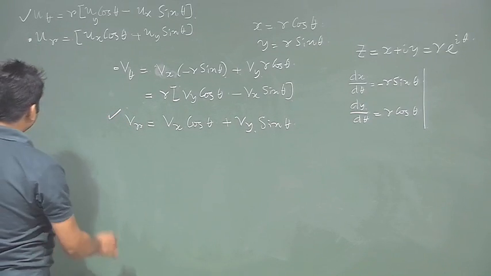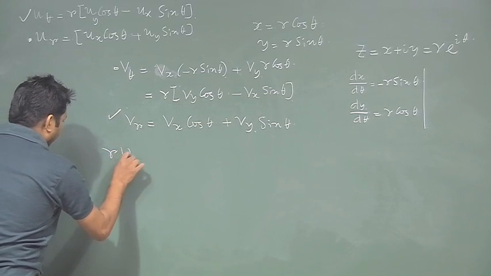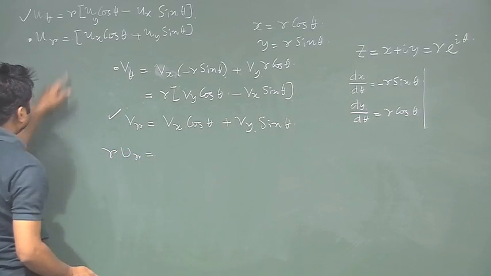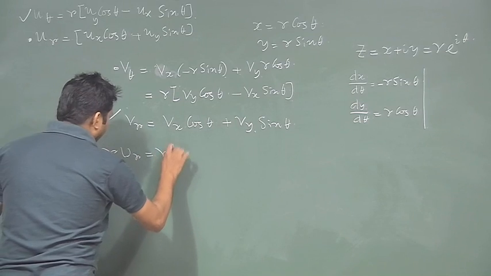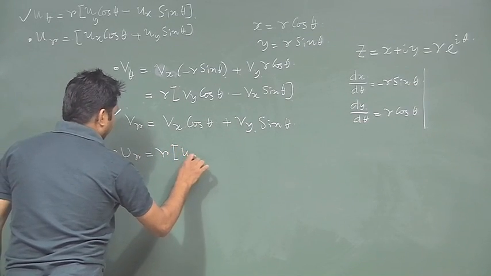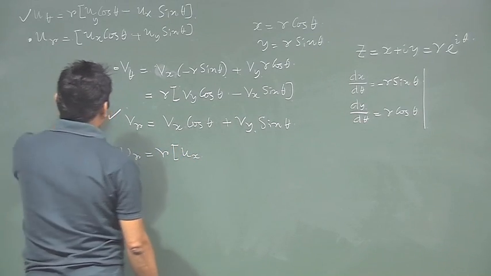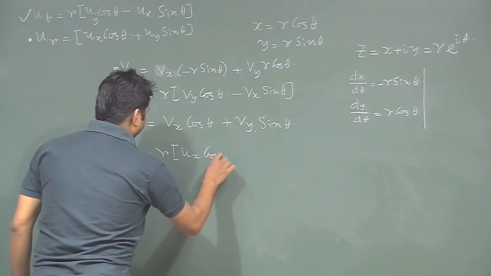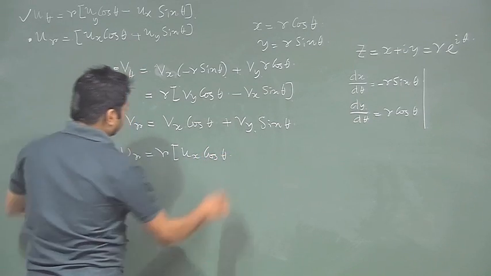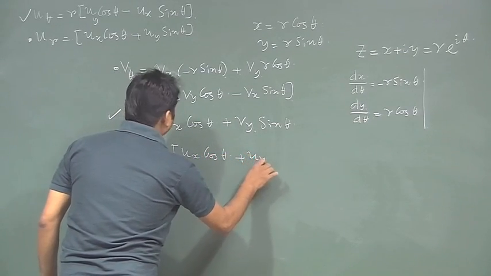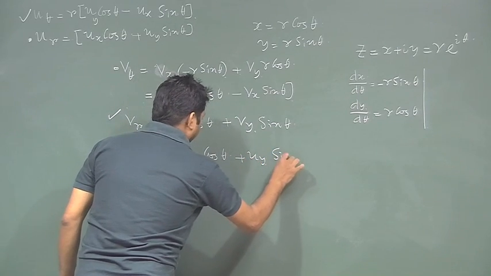If I write this equation, r u r, in the right hand side it will be r, u x cos theta plus u y sin theta.